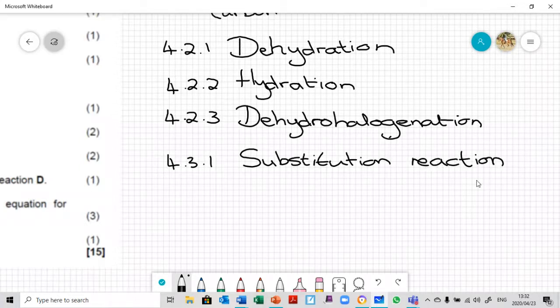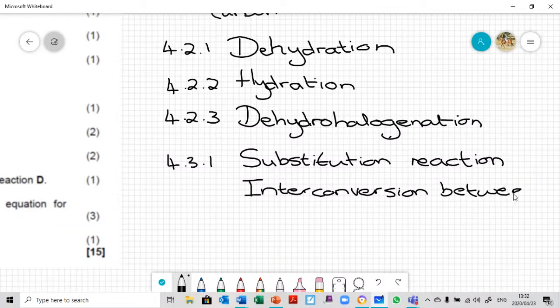I strongly recommend, however, that you also add it is interconversion between haloalkane and alcohol.